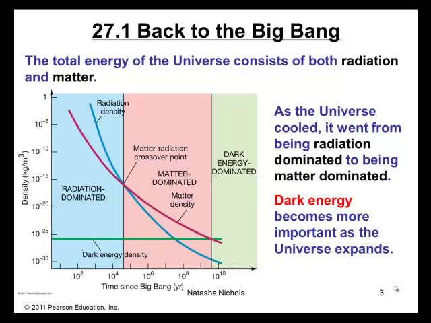As a result, the density of radiation fell faster than the density of matter as the universe grew. Thus, radiation dominated matter at early times before the crossover point. As the universe cooled, it went from being radiation-dominated to being matter-dominated. And dark energy becomes more important as the universe expands.